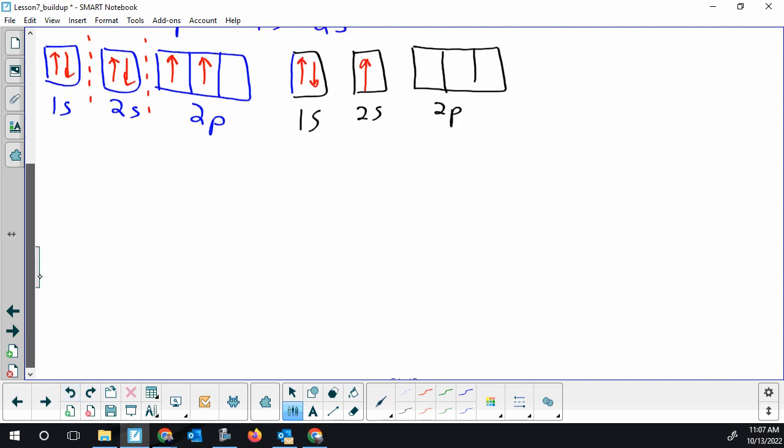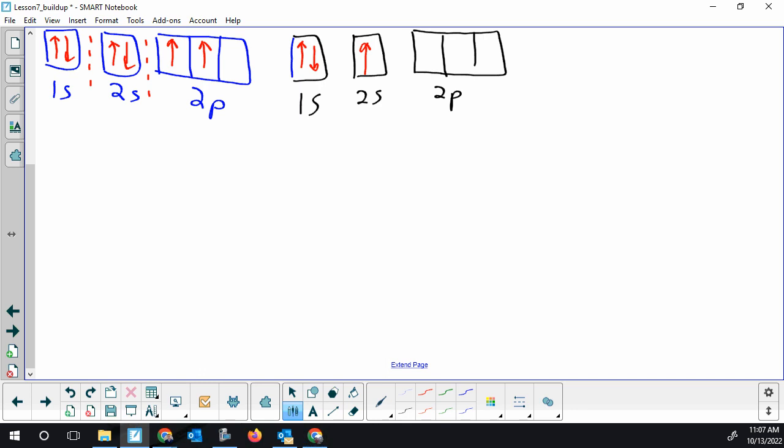If you ever can't remember the fill order through the table, or you're really low and it's getting confusing, I want to show you a shortcut or a guide to knowing the fill order. We're going to need this for the removal order, so it's going to be more important for a couple lessons ahead when we take electrons away. We'll vary this a little bit. So filling, you start with 1s.